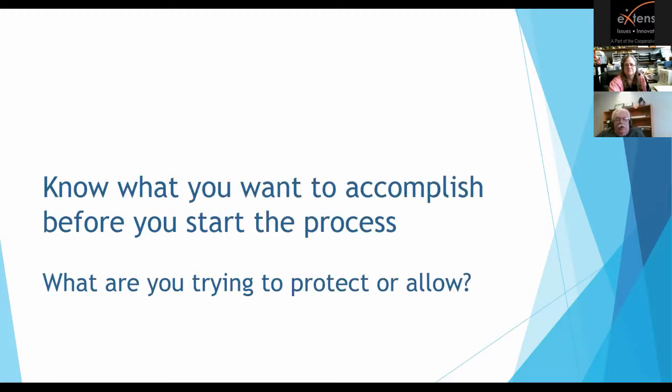So if you're starting out and you want to do some zoning, you need to know what you want to accomplish before you start the process. Are you trying to protect something, or are you trying to allow something? What is your ultimate goal? When the process is over, what results would make you happy?